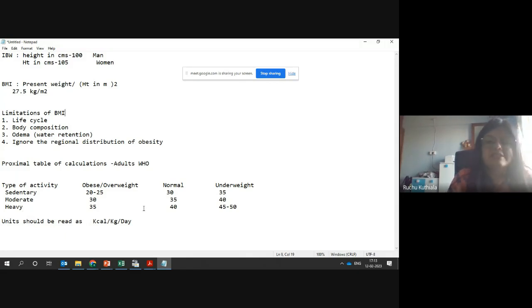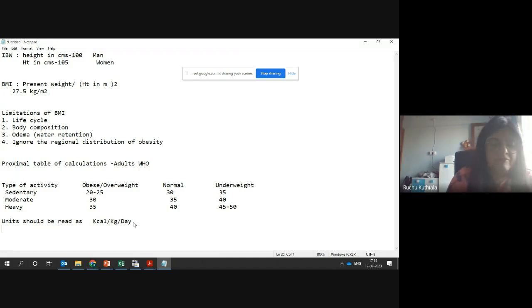So if this female who has to be 50 but is actually weighing 70, that means she is 20 kg obese and is a moderate or a sedentary kind of worker, then I need to give them the calorie calculation, right? You can see this, kilocalorie per kg per day. That means how many kilocalories should be fed per kg in a day.